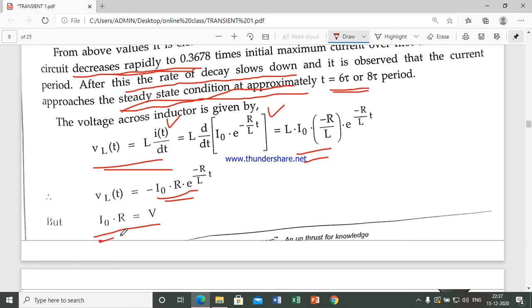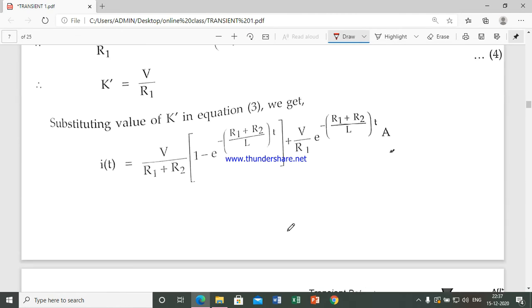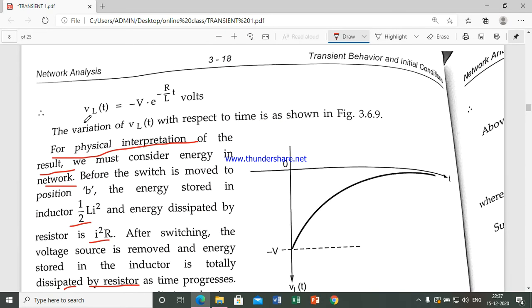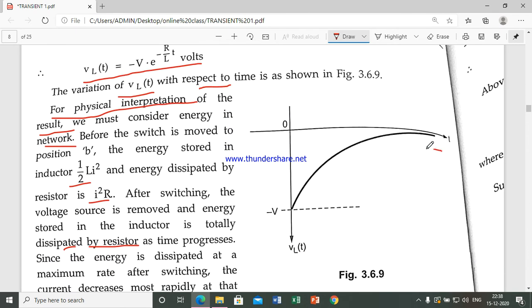Next, I naught into R is nothing but the voltage V, so you can write v_L(t) equal to minus V into e raised to minus R by L into t. This is the voltage across the inductor, which decreases with respect to time. The variation of v_L(t) with respect to time, decreasing, is shown here.